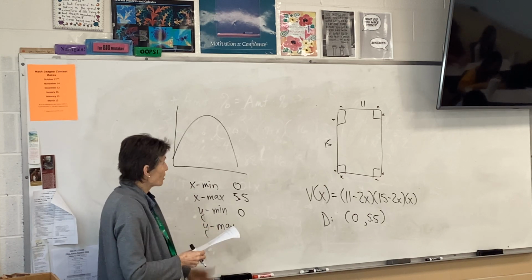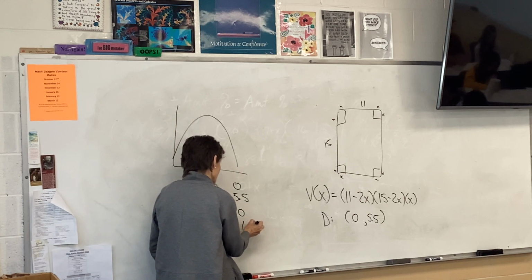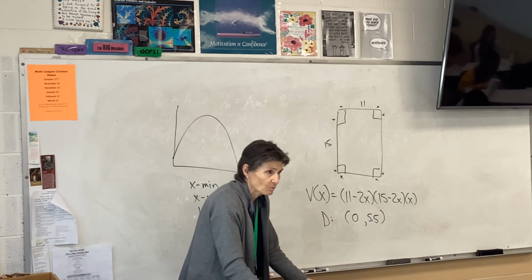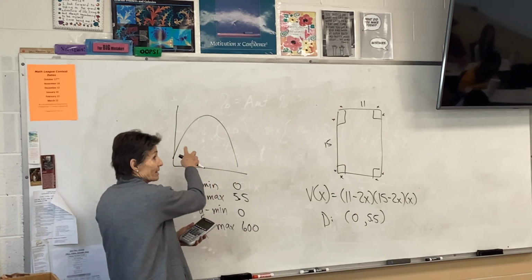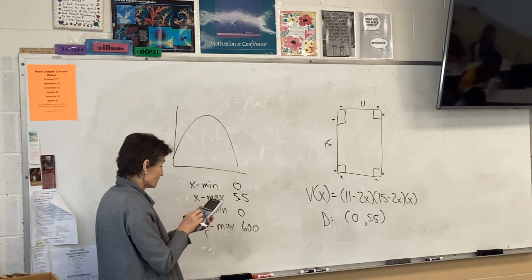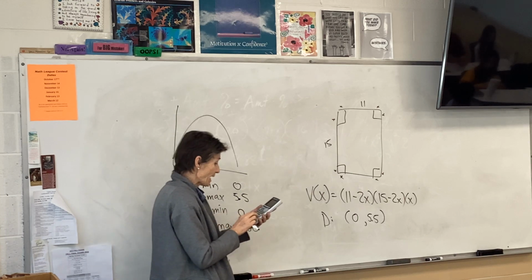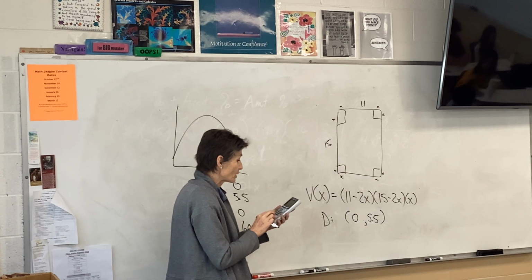What guess do you want to start with? 600? Now, I don't even know if 600 works, but it doesn't have to be 600. It just needs to be big enough to see the hill. One big problem that happens is kids forget to type in the new equation.